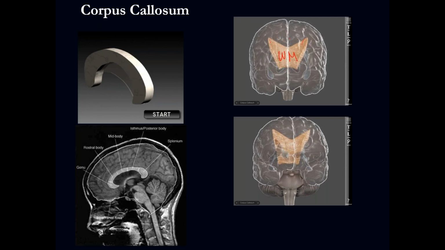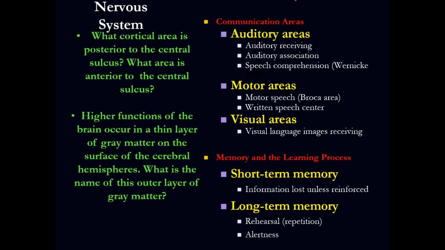For that, the communication is going to happen through this structure. The corpus callosum is white matter that is going to connect and share information, right and left, left and right. And that is what we need to remember, the corpus callosum.